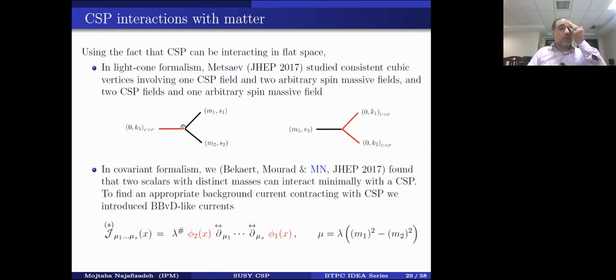In light cone formalism, it's easier to work, but in the covariant formalism, it's so complicated, and we could just show this case with unequal mass, but with equal masses, Metsaev showed that it is possible. Great, thanks. You're welcome.